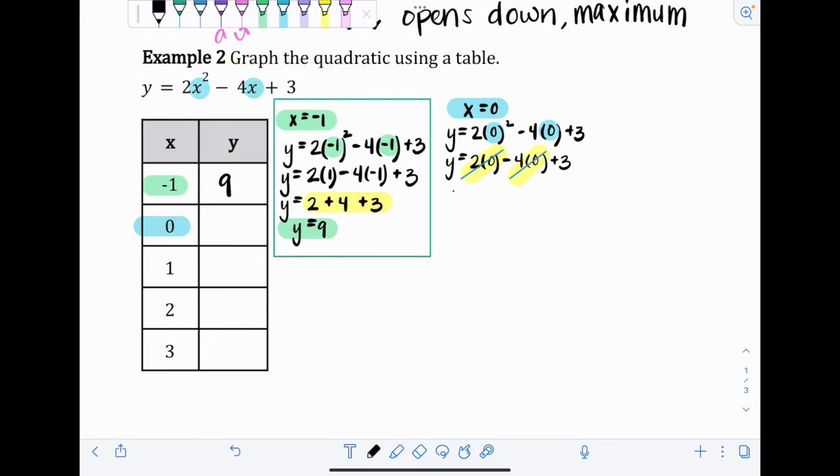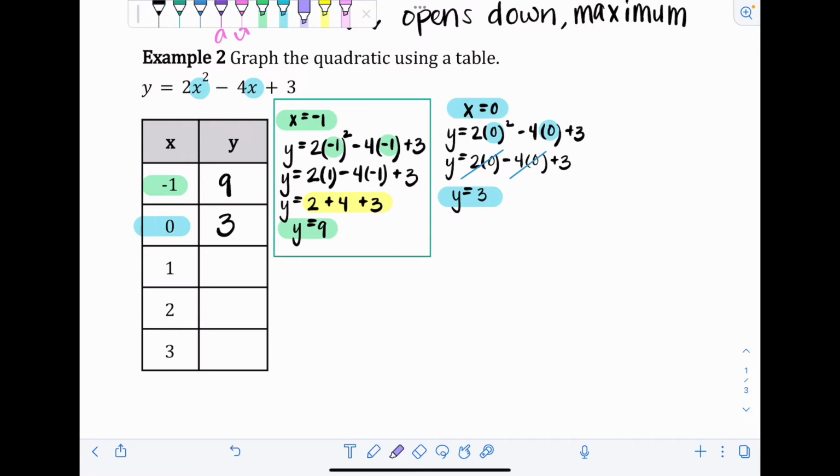So y equals 3. Putting 0 in for x in standard form always cancels out the x term, so it always leaves you with whatever the constant is. In this case, it was 3. It's a shortcut you could take if you remember that. So y equals 3 goes next to the 0 on the table.